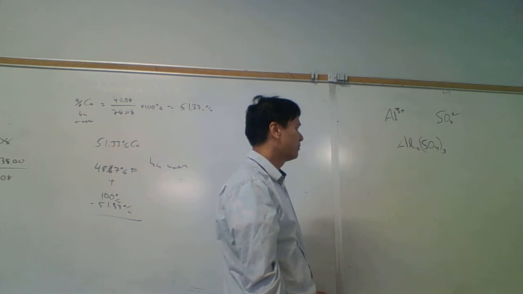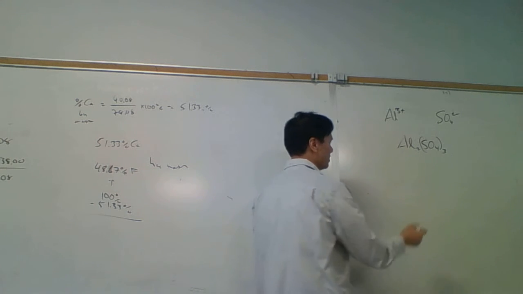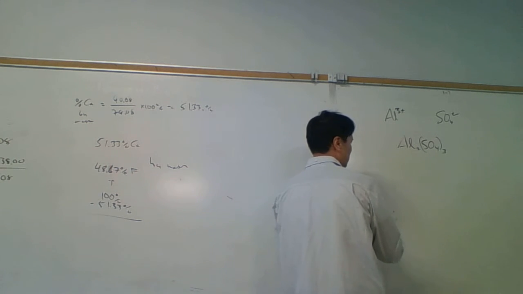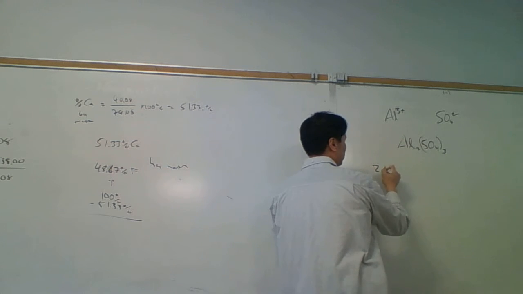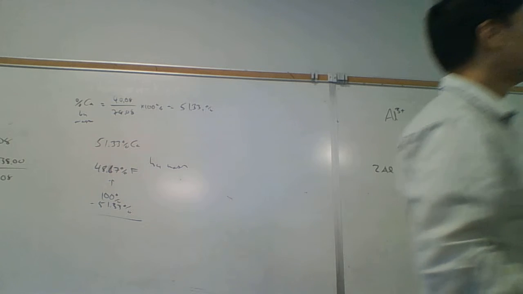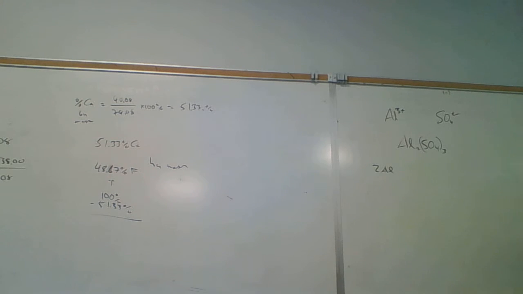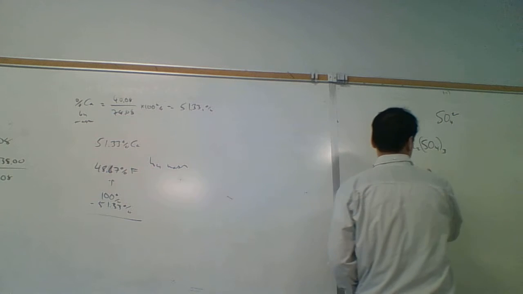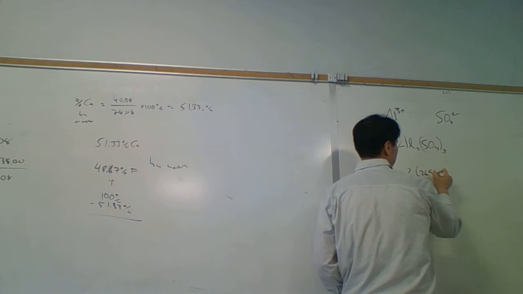Well, the first thing is we have to calculate the total mass first. It's tedious. This is why I like to look them up, but we've got to do it, learn to do it anyway. 2 aluminums. Aluminum, we'll call it 26.98. This is why you don't want to go 3 decimal places.